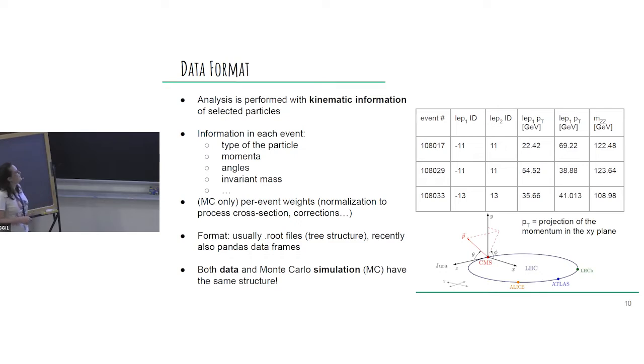We deal with tables like this, where we have some convention for enumerating the events that we record and select, and for each event we have information like the ID of the particle. The ID is given by taggers, using information from the detectors in which the particle was reconstructed. For example, we know an electron is an electron because it leaves a trace in the tracker and in the electromagnetic calorimeters, and so on for all the different particles.